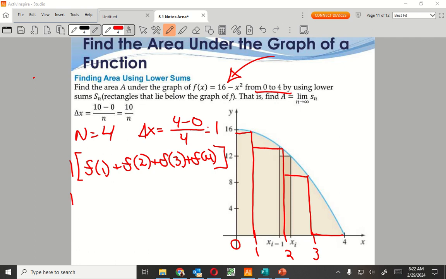So 1 still on the outside, plus plug in 2, plus plug in 3, 7, plus plug in 4. Add them all up. 34? Times 1.